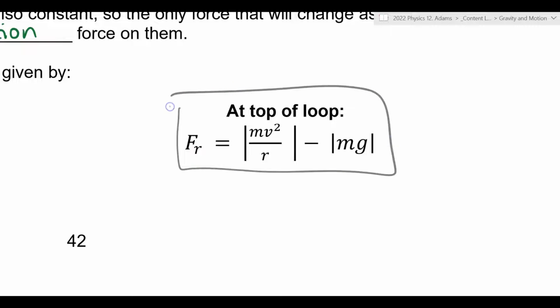Now at the top of the loop, your gravity is in the same direction as your centripetal force, downwards towards the center of the circle.